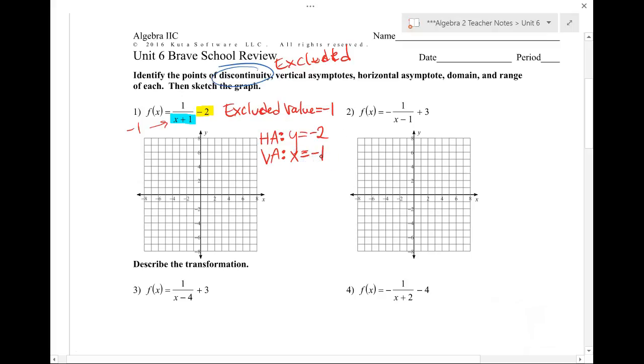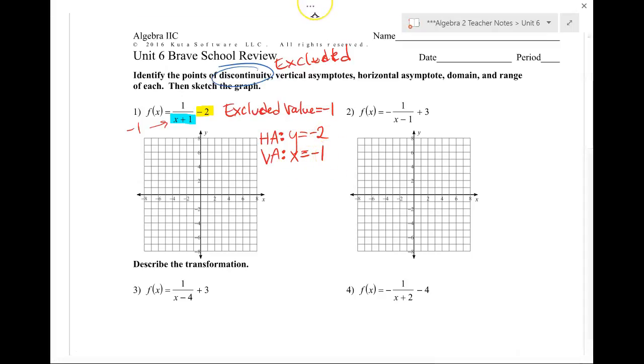A big mistake I saw is that a lot of people did not put y equals or x equals. You have to remember that an asymptote has an equation. It's actually a line. It's almost like a limit. It's a place where there's no actual value. But in order to graph it, we need to consider it like it's an equation or a function. So that means we need to write y equals -2 and x equals -1.